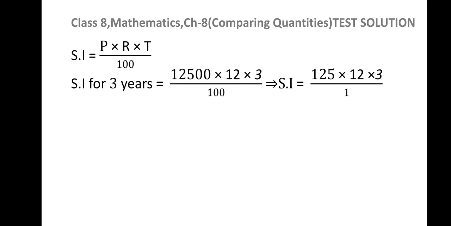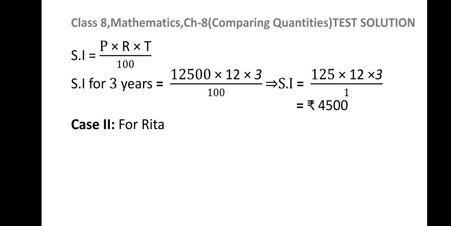The formula we know, simple interest is equal to P into R into T over 100, where P is the principal, R is the rate of interest, and T is the time or number of years. Simple interest for 3 years will be 12,500 into 12 into 3 over 100. That will be equal to 125 into 12 into 3. So simple interest will be rupees 4,500.